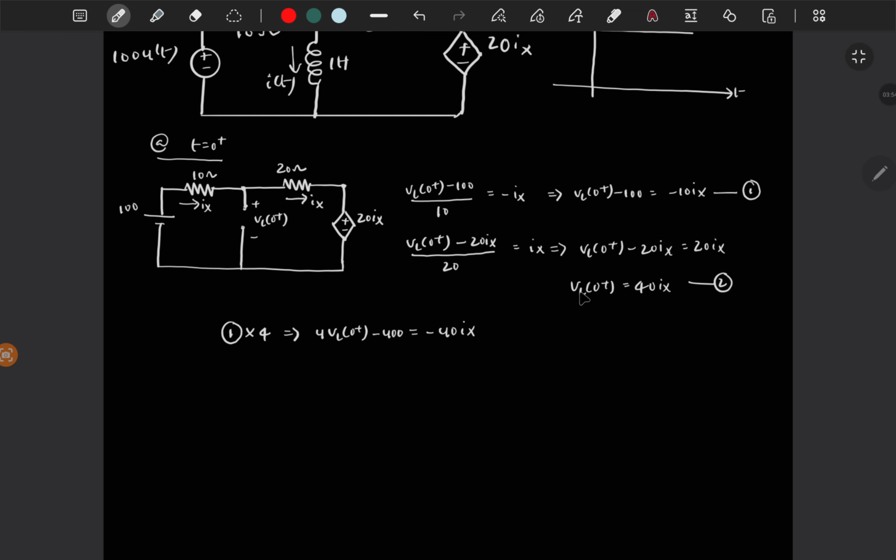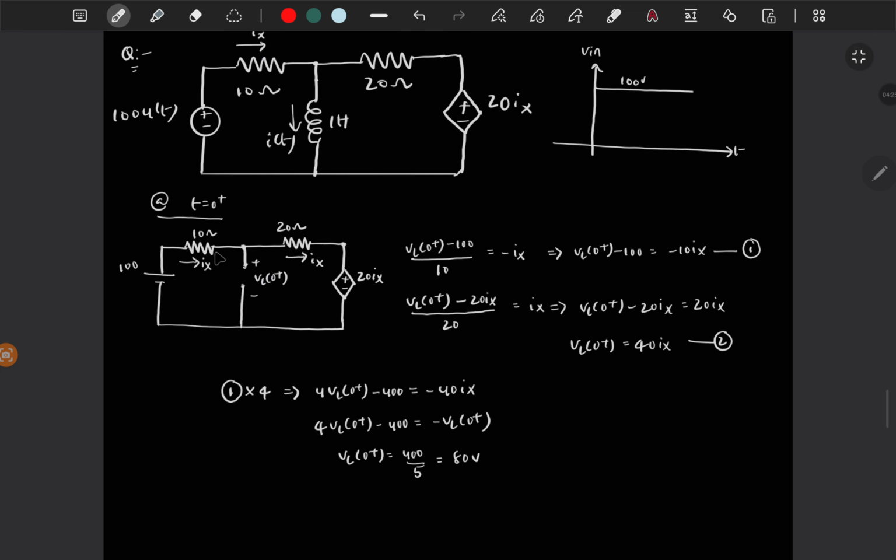Now minus 40 ix is minus VL of 0 plus. So if you solve this, 5 VL is equal to 400. So VL of 0 plus is 400 by 5, which is 80 volt. So I got 80 volt.